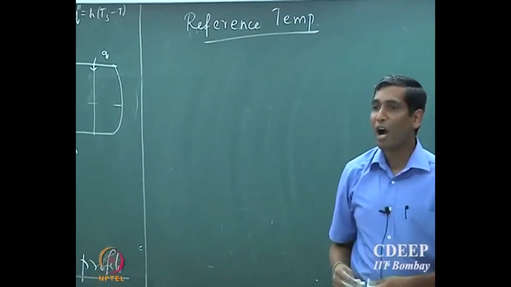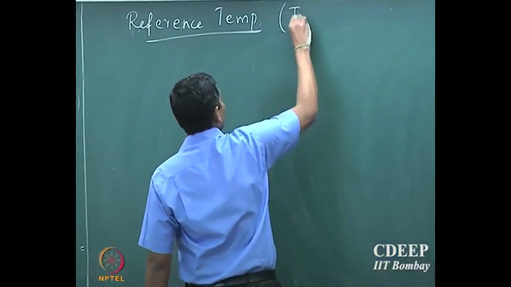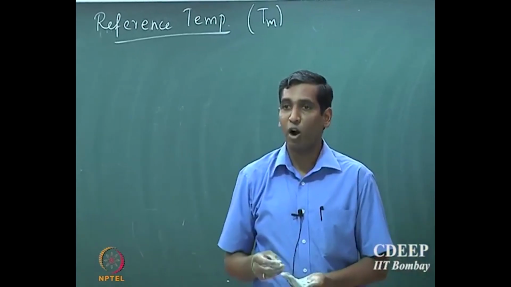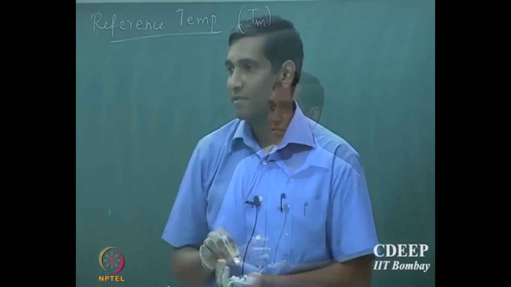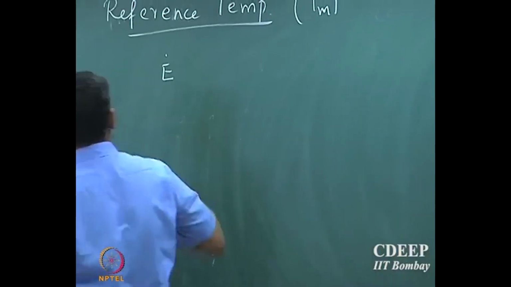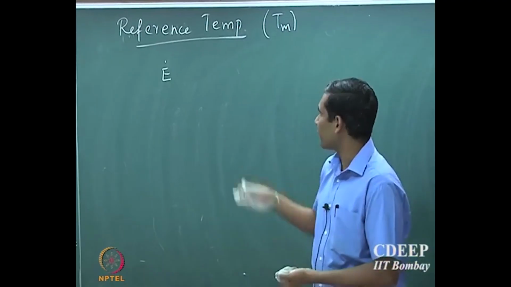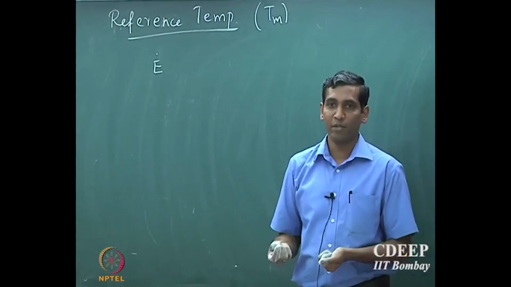Just like how we define mixing cup velocity, we can also define what's called the mixing cup or the cross-sectional average temperature. So how do we define this? What's the conserved property? Remember, in the velocity boundary layer we used the mass flow rate as the conserved property. So what do we do here? You use what is called the internal energy in a given cross section, to define the cross-sectional average temperature.